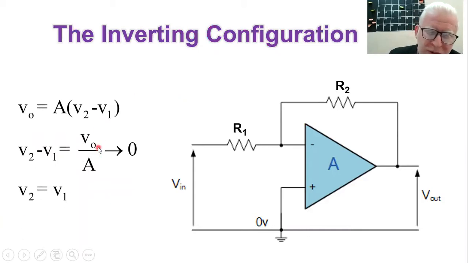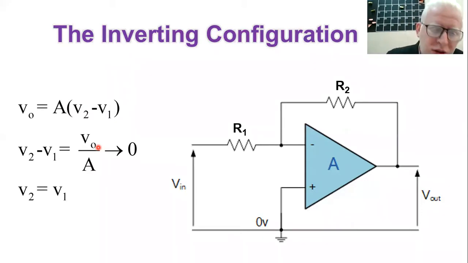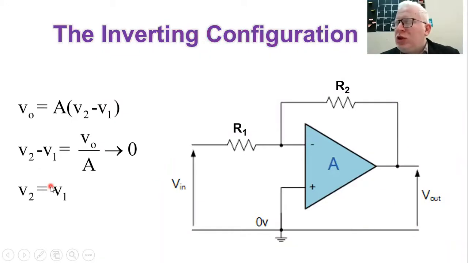Now, since the open loop gain is not equal to infinity, that automatically means V2 is not equal to V1, because A has a finite value, so V2 minus V1 will be equal to V output over A and not equal to infinity.